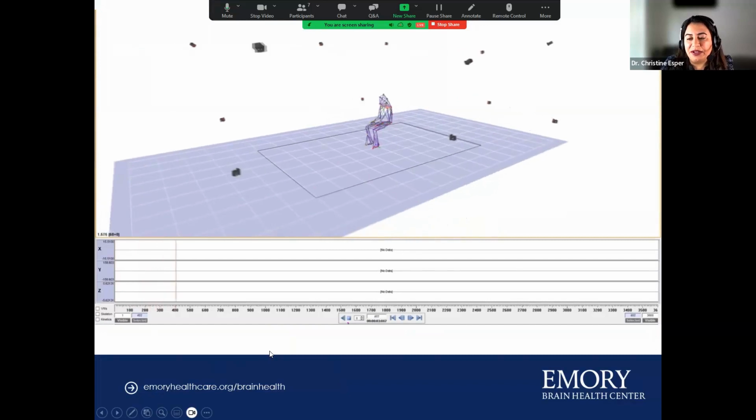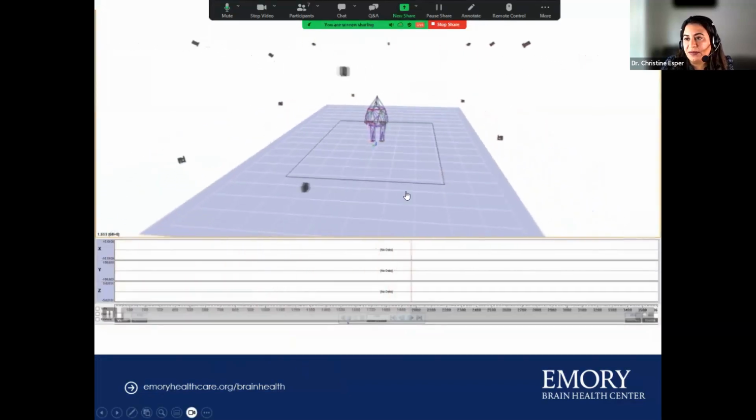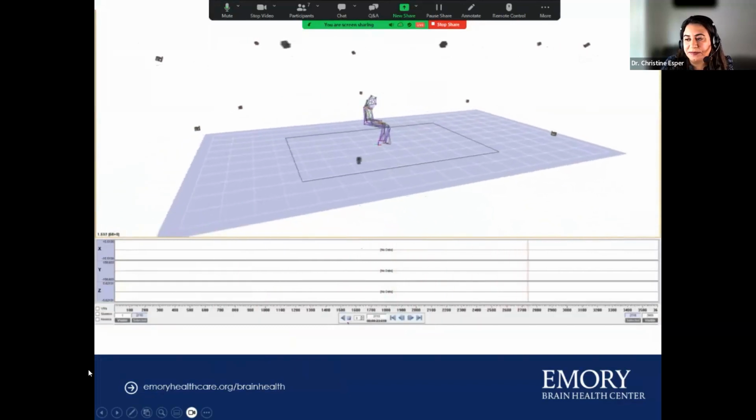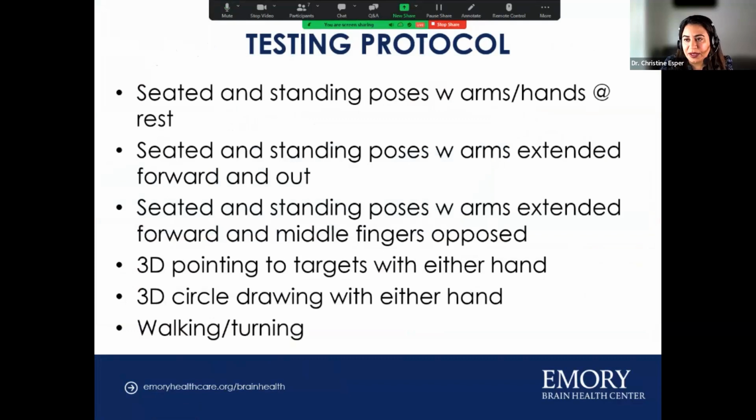So here we have a 360-degree view of a patient sitting in the motion lab, and you'll notice all the cameras surrounding this patient. As part of our testing protocol, we have a specific set of tasks that we have the patients go through, particularly because we are interested in tremor and gait.